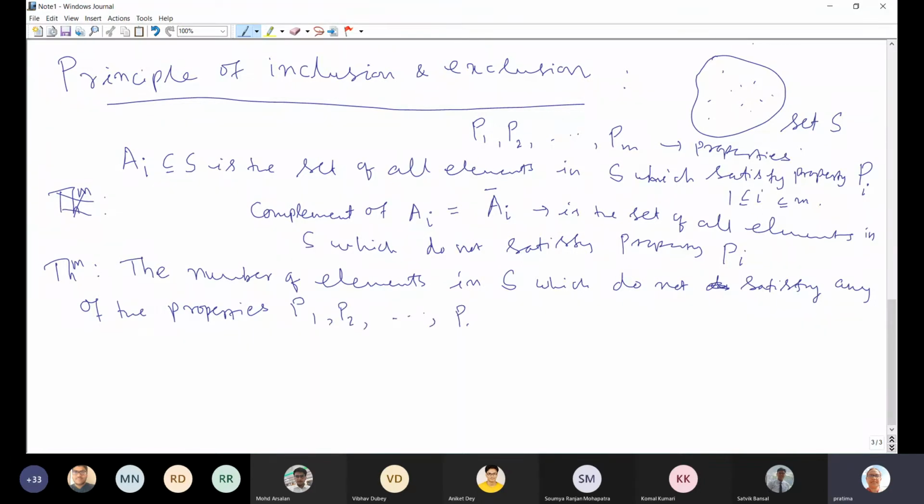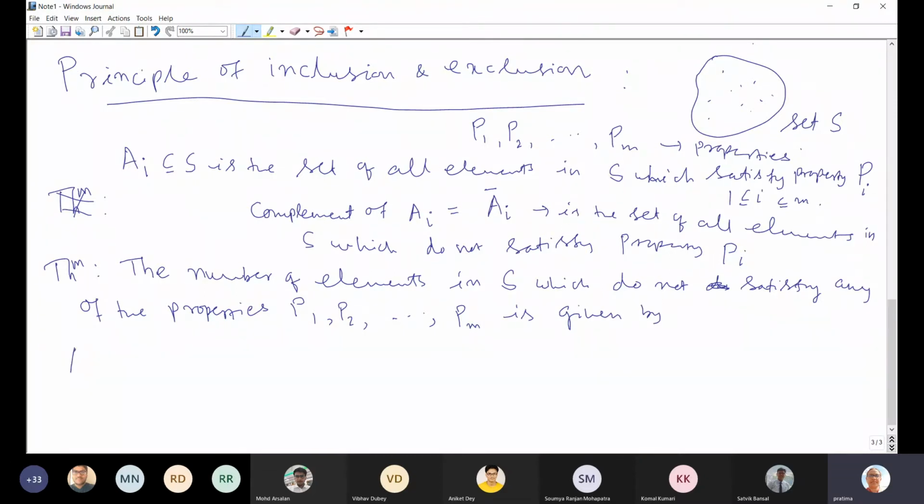So here it gives the number of elements in S which will not satisfy any of these properties. What is that number given by?